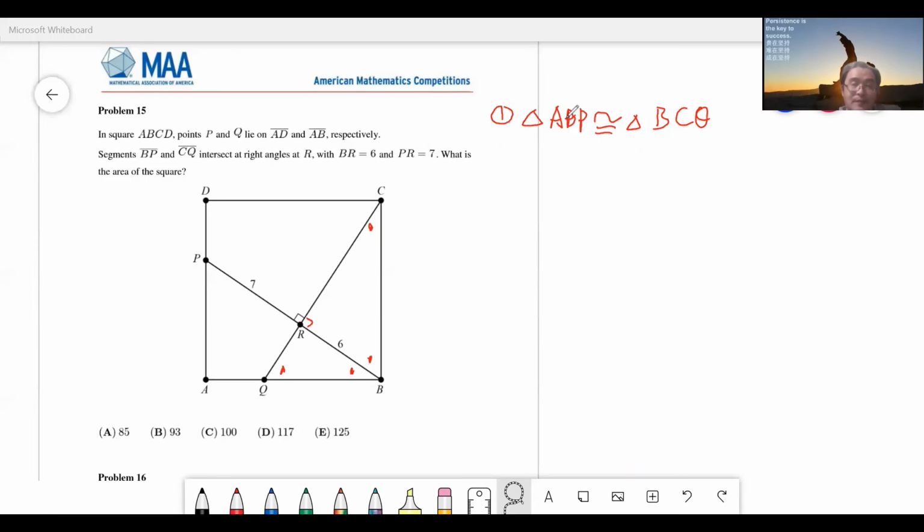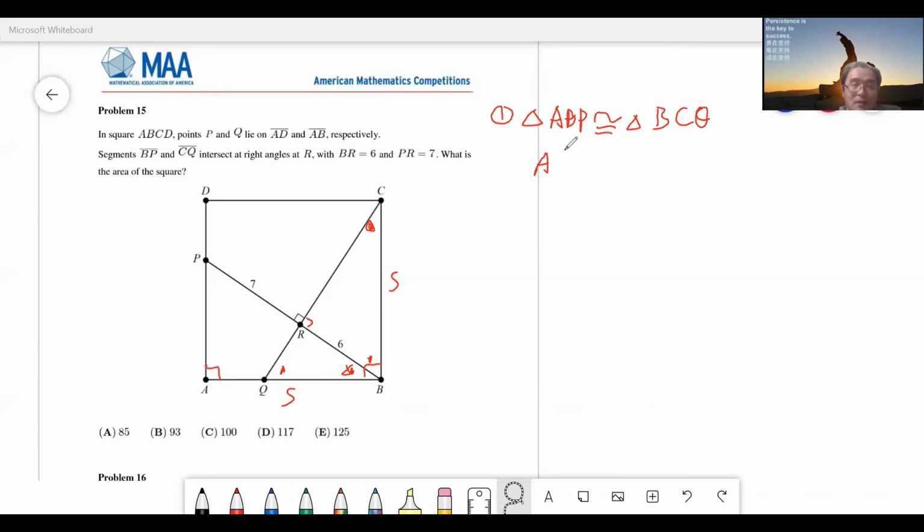The reason is these two angles are congruent. We have these right angles that are congruent. We also have this leg, this side length. So we have an angle, side, angle.